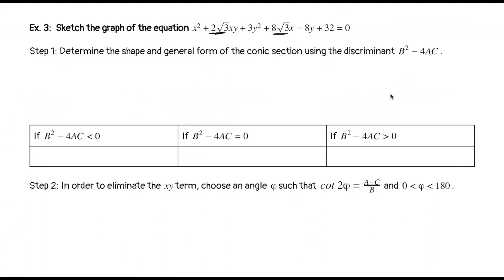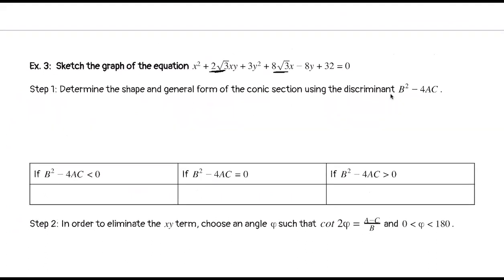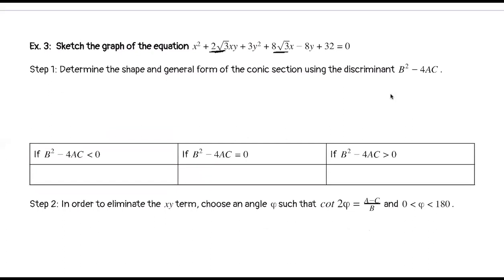All right, so step one, we need to determine the shape and the general form of the conic section using our discriminant, okay? So let's lay out what our A and our B and our C are so that we can plug them into our B squared minus 4AC and figure out which of those three shapes we're gonna have.